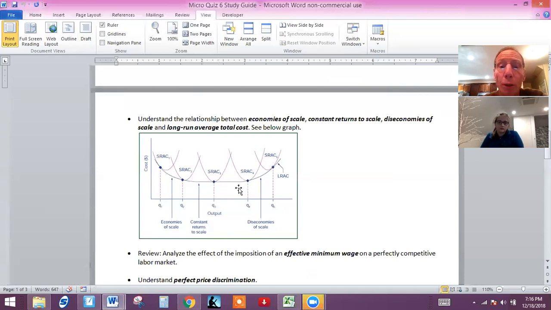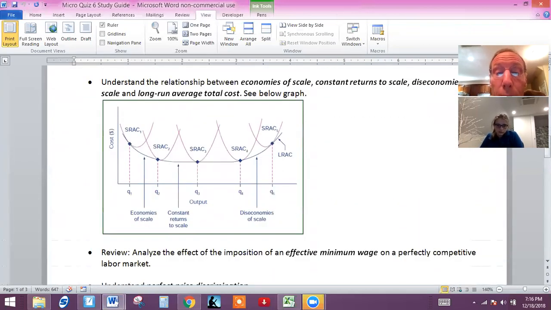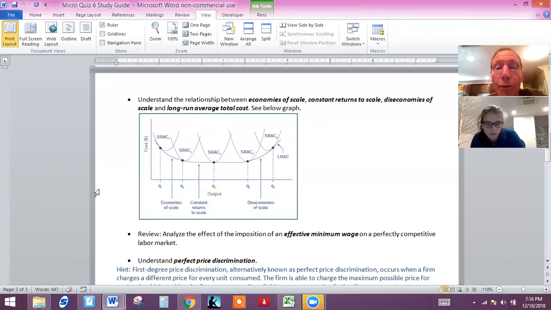Now, when we get to the part where production goes from Q4 to Q5 right here, we're increasing production and our long run average cost is going up, which means that if we double our factor inputs in this part of the curve, we would not get double.